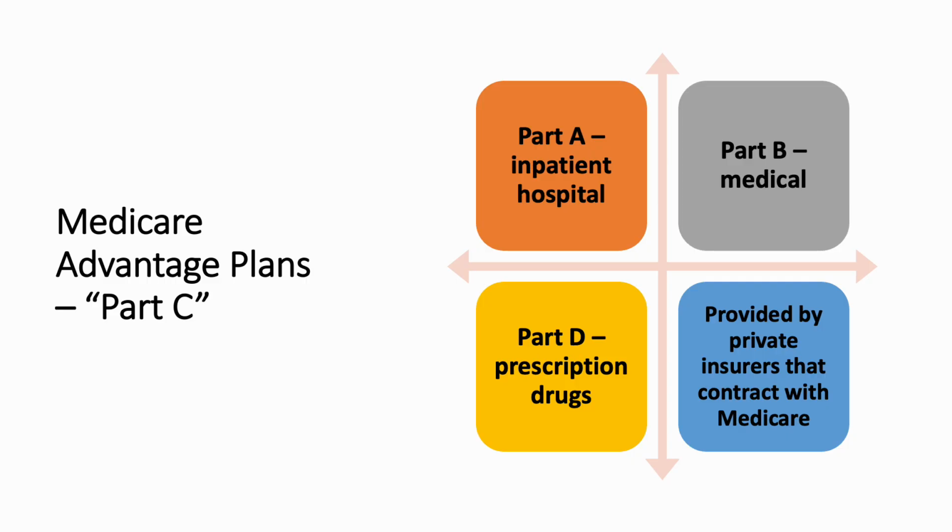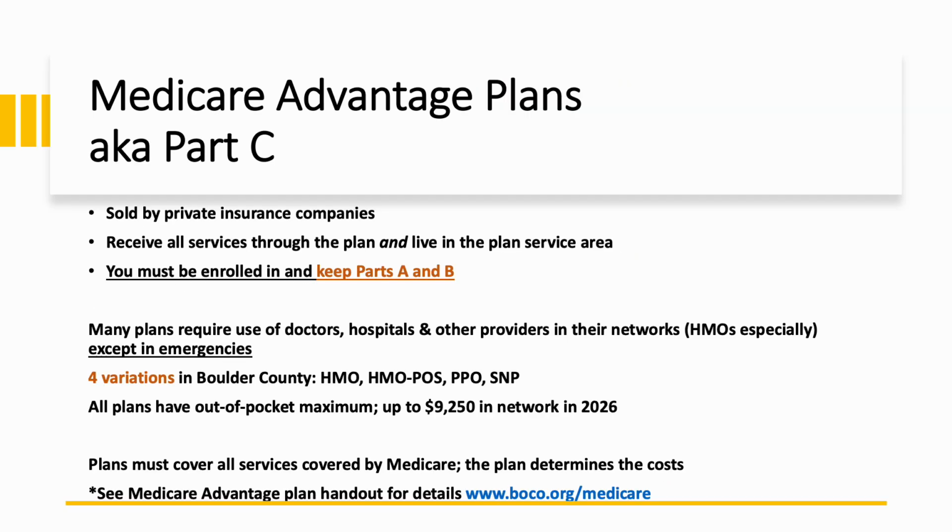They will include your Part A inpatient hospital benefit, your Part B medical, and most of them include Part D prescription drug coverage. Medicare Advantage plans, also known as Part C plans, are sold by private insurance companies who contract with the federal government to provide your Medicare services to you.